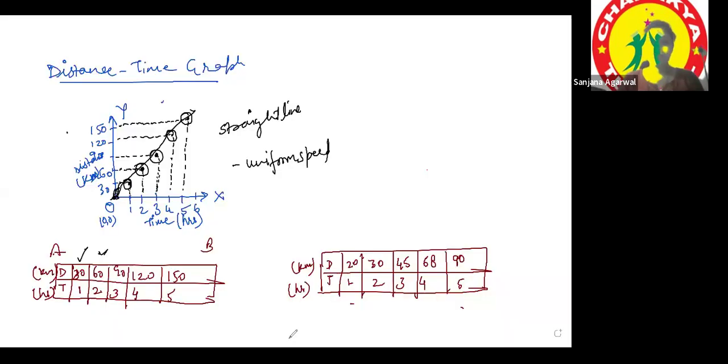Ma'am, can you show the question again? Okay, the data you want to see again. Wait. Within 2 minutes, I want everybody's graph.